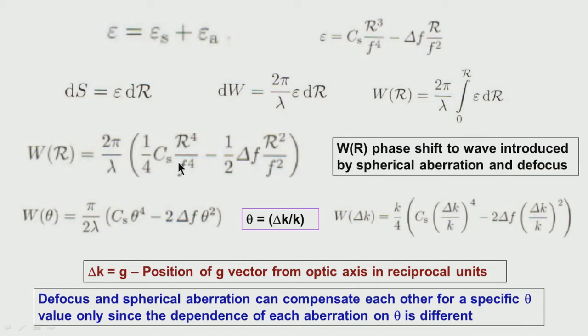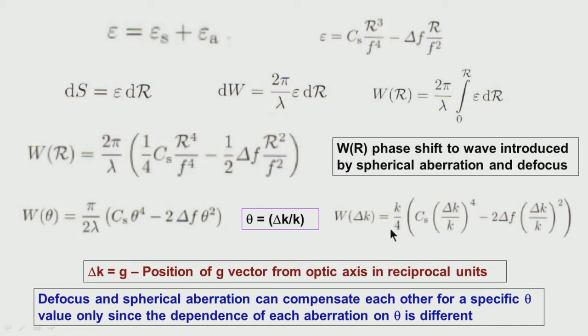This term can be written in terms of theta also, but what is essentially important, assuming theta equals delta k by k, which we can easily derive, is that we can write it in terms of delta k, which is nothing but the wave vector or the diffraction vector.